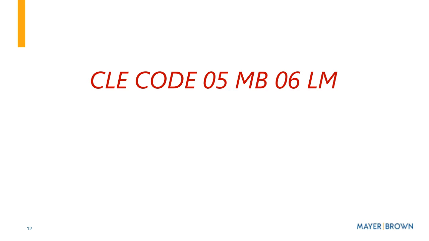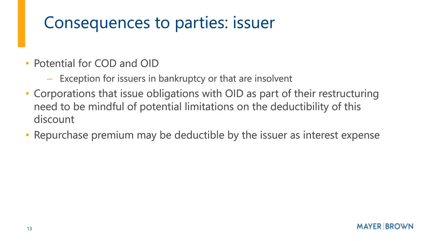So with all that in mind, Remelt, can you maybe walk us through the tax consequences to the issuer when there is a significant modification? All right, thanks, Brandon. Yep, I'll cover the issuer side. A couple of things to note.